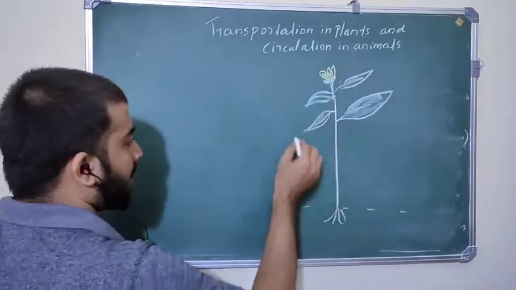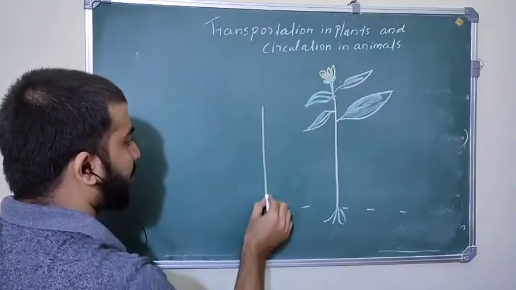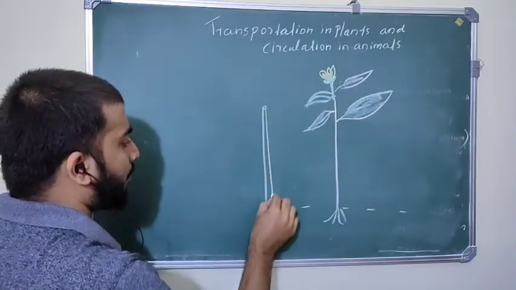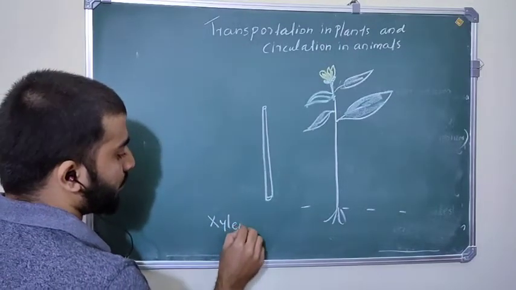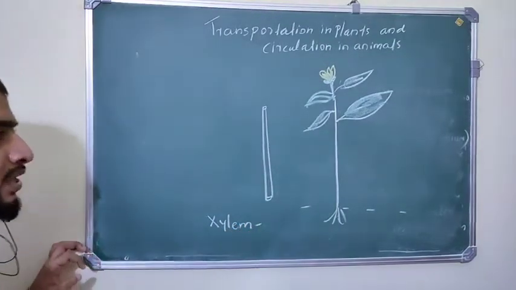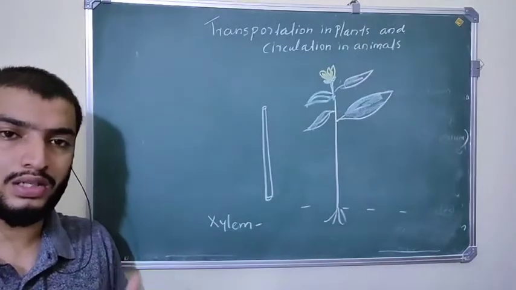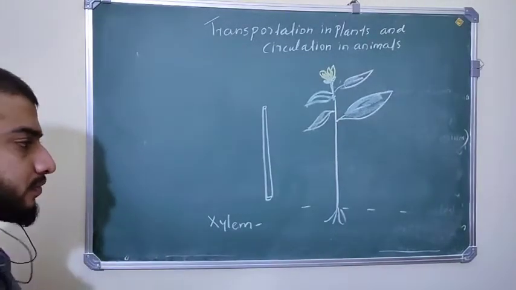These water and minerals are transported with the help of a long pipe-like structure called xylem tissue. So xylem tissue present in plants transports water and minerals.